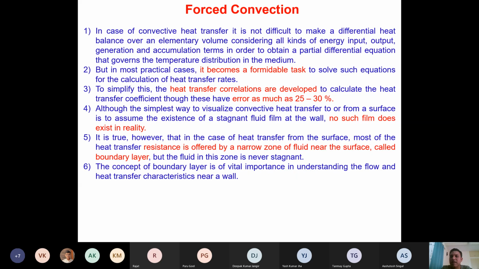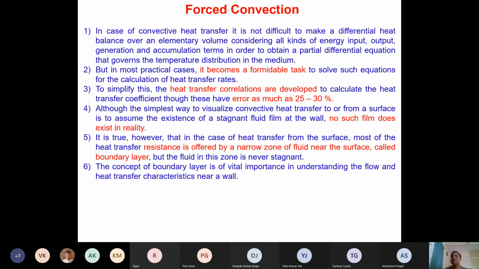But the disadvantage in this case is your error will be in the order of 25 to 30%. Okay, but you can solve the problem easily because you don't have to look at the momentum transfer at all. You can directly obtain the transfer coefficient in which the effect of velocity, effect of the change in the properties, everything is built in. Okay.